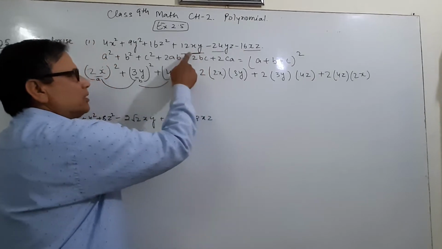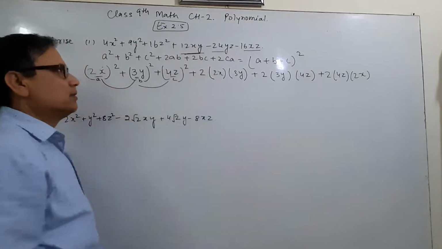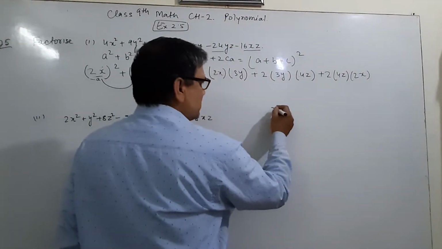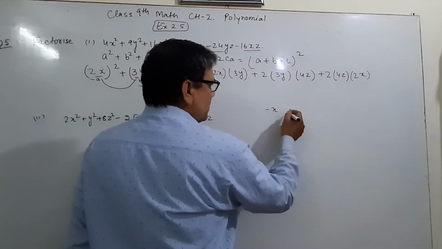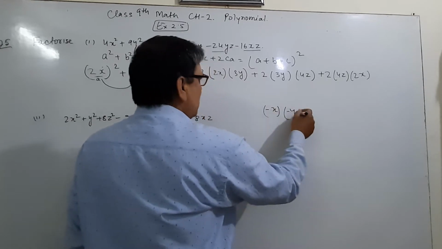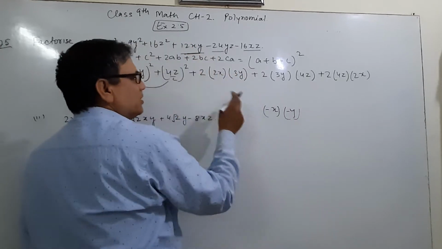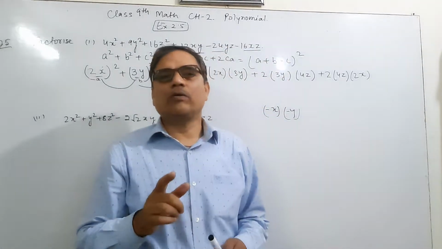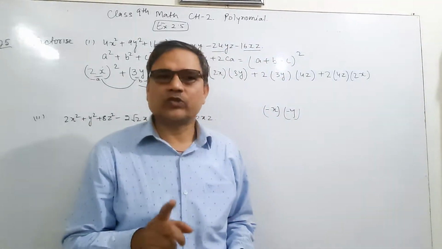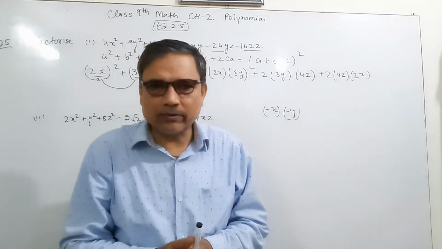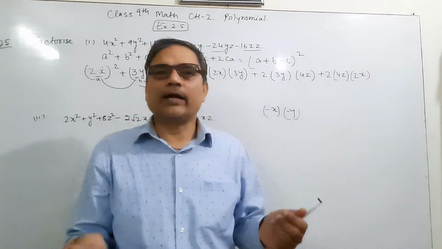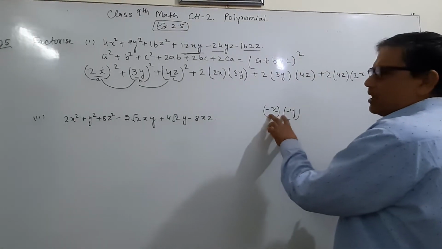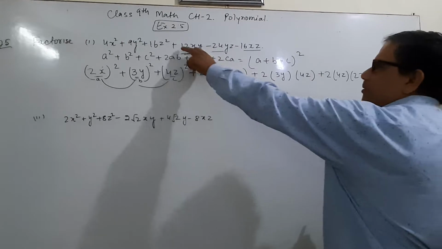This one is positive, in which x and y are multiplied to each other. If the product is positive, it means x and y will be of the same sign, either both positive or both negative. Why? Minus minus plus. If both are negative, the answer will be plus.